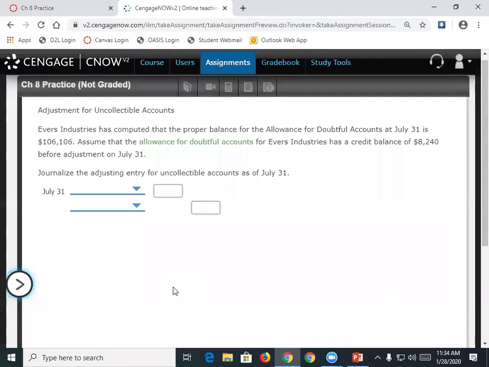Very good. We're going to subtract, right? It has an existing credit balance, so I'm going to subtract. I'm going to take my desired balance minus my existing balance. And how much is that? $97,866. Perfect.